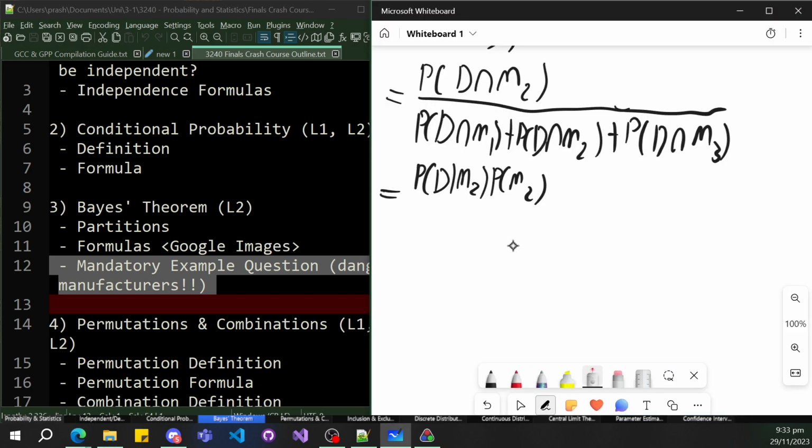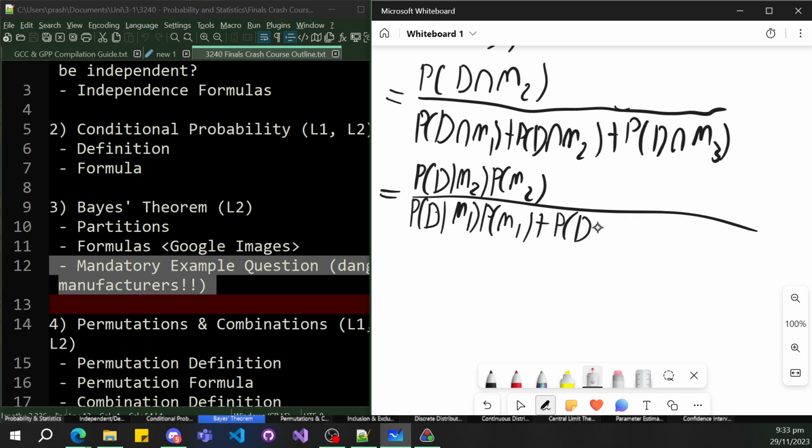So let me write this all out. Okay, I think that's a good enough line. Probability of D given M1 times probability of M1, probability of D given M2 times probability of M2. Once again, this section is the exact same as our numerator section.